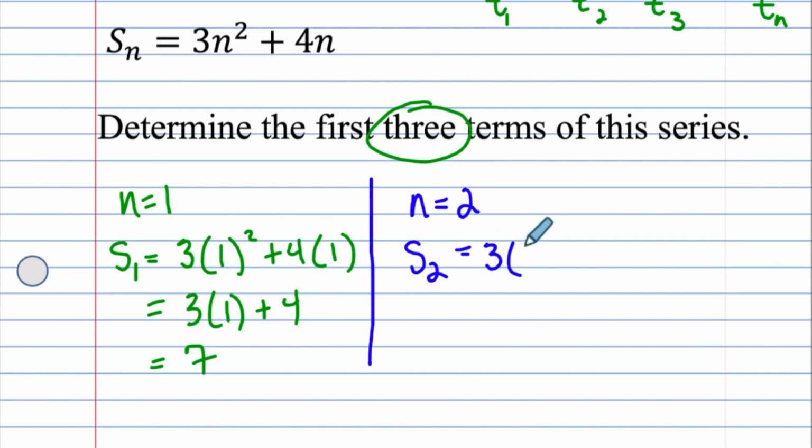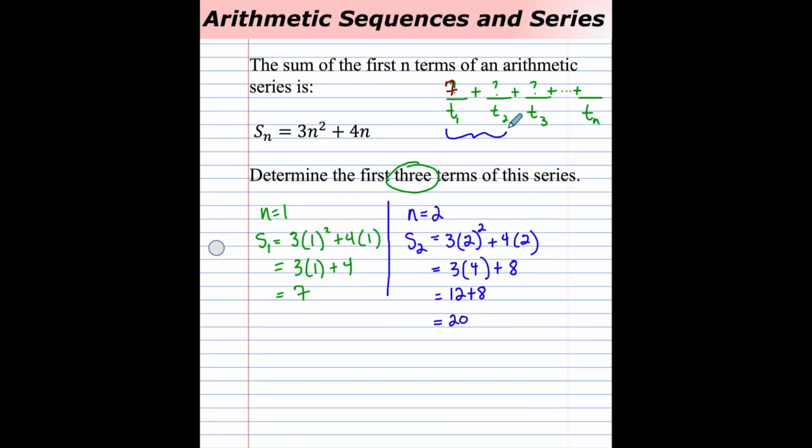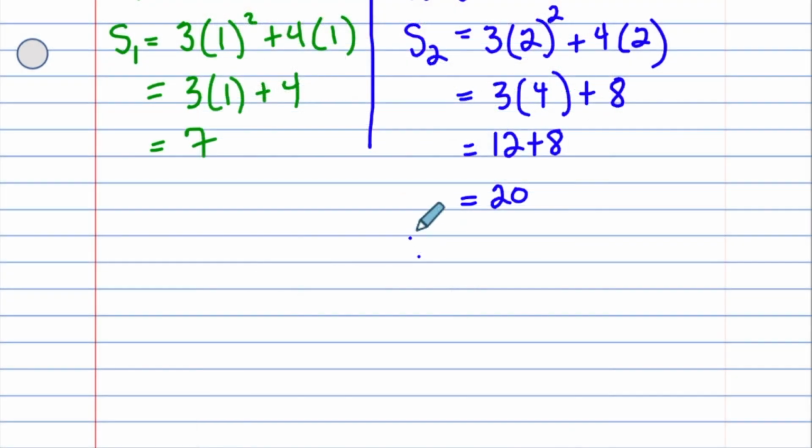It's 3 times 2 squared plus 4 times 2, which is 3 times 4 plus 4 times 2 is 8, which is 12 plus 8, which is 20. This sum is 20, which means T1 plus T2 is 20.